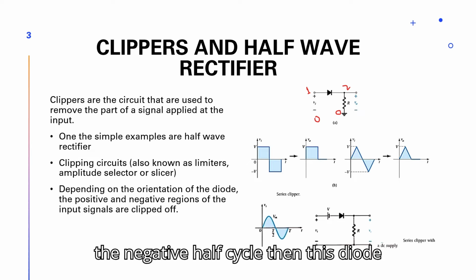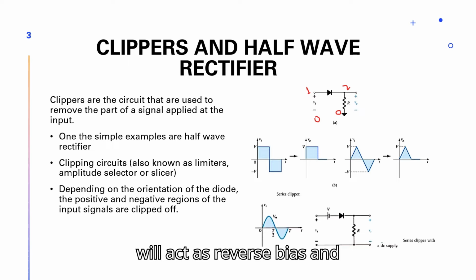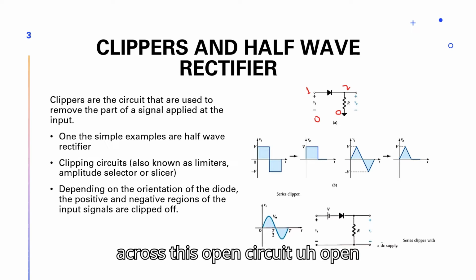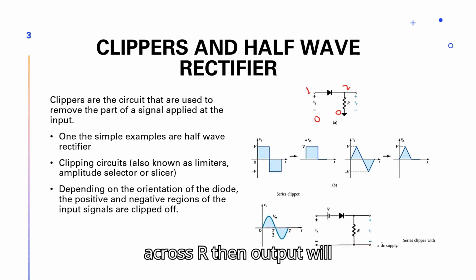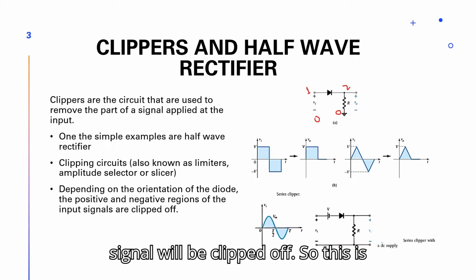When we apply the negative half cycle, this diode will act as reverse biased, and the voltage will drop across this open circuit due to the reverse bias of the diode. So no voltage will drop across R, then output will be 0. So the signal will be clipped off.